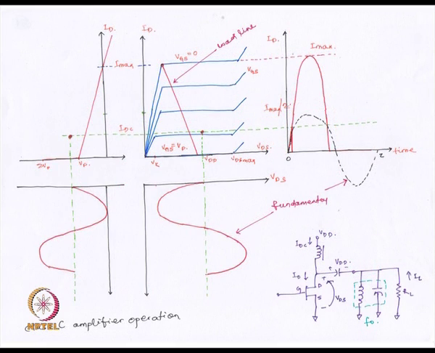And finally, coming to class C operation, where the circuit is also exactly the same. Here the only difference is that instead of this being fed for the half cycle, it is now being fed for less than half cycle.